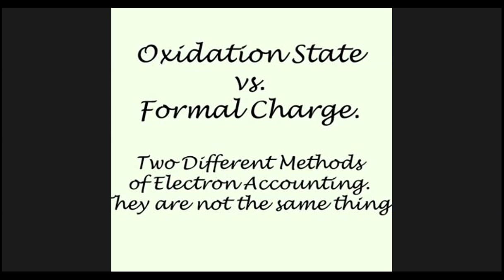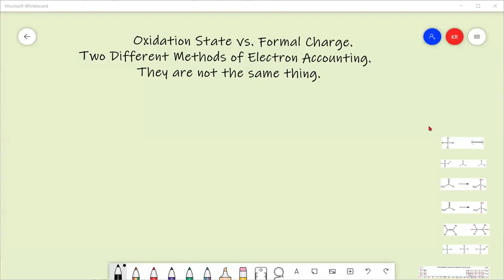The calculation of oxidation state is a different method of electron accounting that differs from formal charge. So I want to show you how that's different, and why certain reactions are oxidations and reductions.